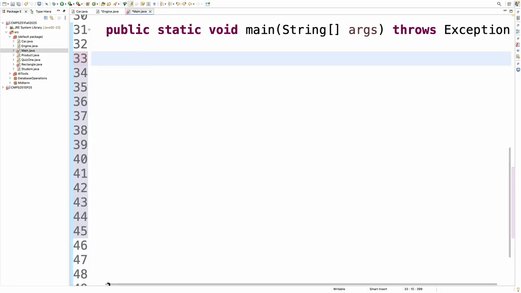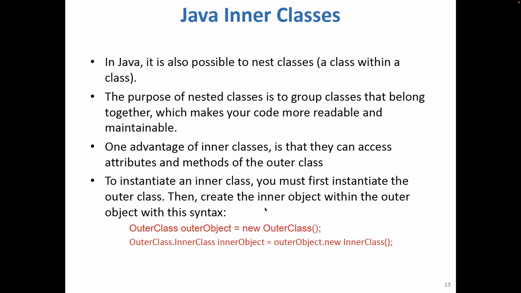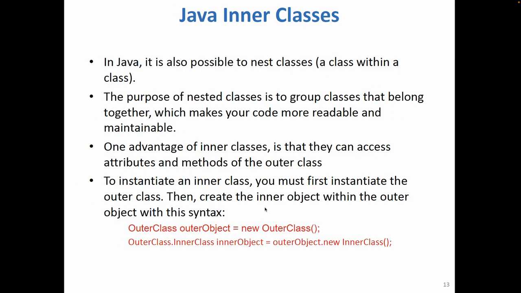Well, here is our syntax. I first need to create the outer class. In our example, it is car. And then through that car instance, we can create this inner class. This is not written as a static one. So there's one detail about it.